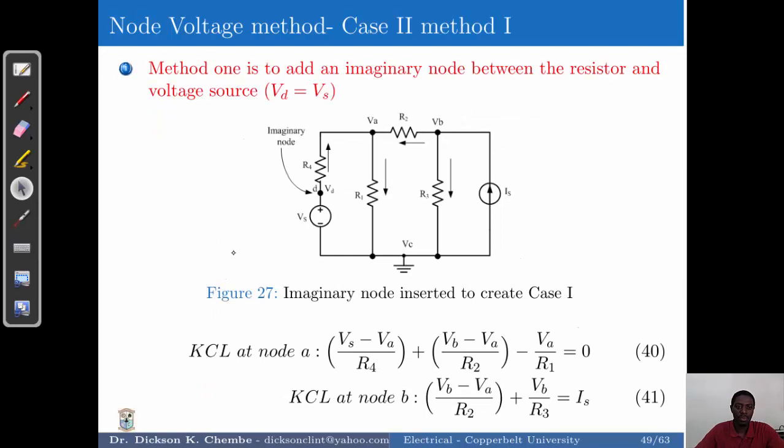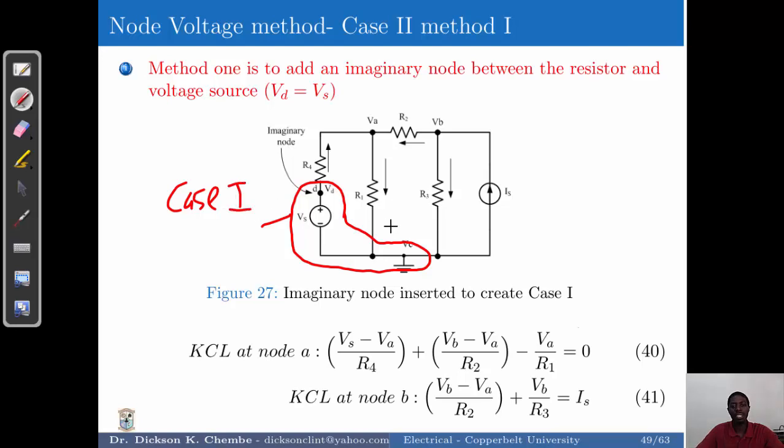This is the first method, where we add an imaginary node between the voltage source and the resistor. So in short, what we are trying to do is create the first scenario, case 1.